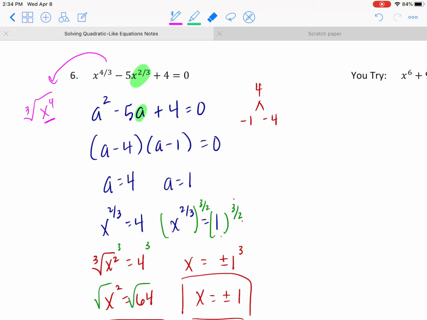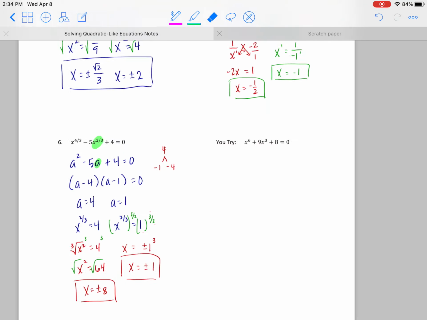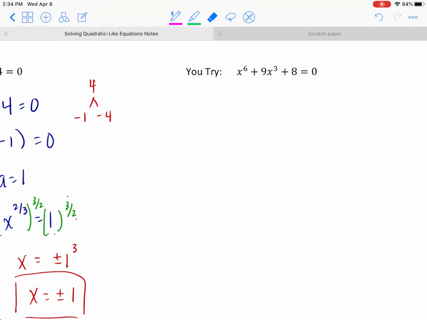So I get 2 solutions here, and 2 more solutions here. Again, not obvious, but this equation to start is a cube root of x to the 4th, and that is why this equation is going to have 4 solutions, okay? It's probably about as tricky as it can be.